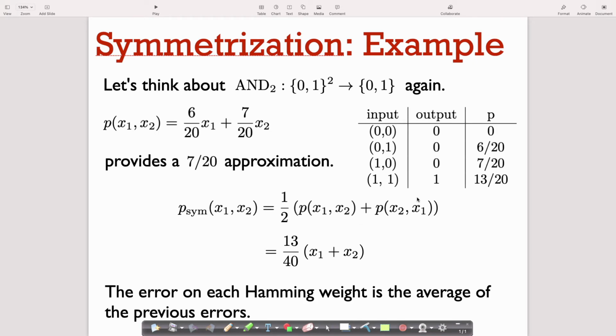So this is going to be the first key trick for us to lower bound the approximate degree of the OR function. And this trick goes back to Minsky and Papert in their book about perceptrons, the symmetrization technique.